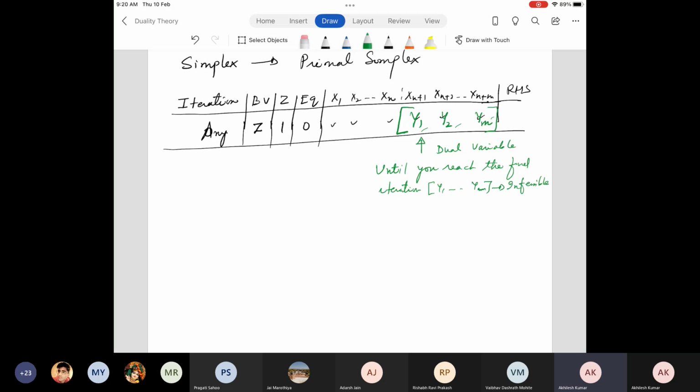So when you are solving primal simplex, on the RHS you are getting the primal feasible solution, but dual feasibility will not be there. At the final iteration, you will get Cx equals Yb, and the values y1, y2, y3, whatever dual you are getting, will be a feasible solution.